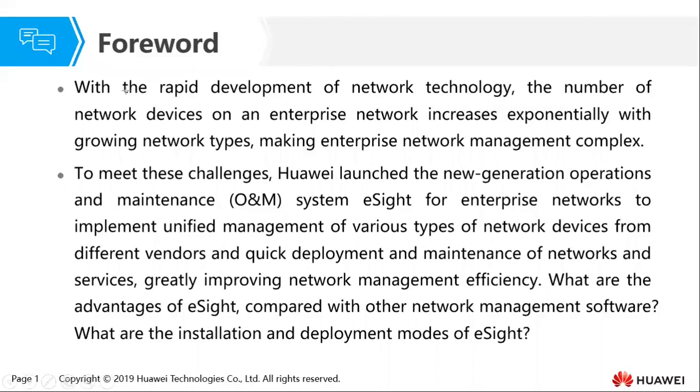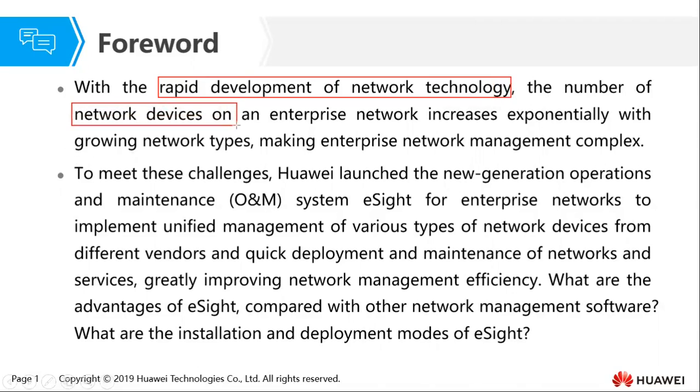So with the rapid development of network technology, the number of network devices on an enterprise network increases exponentially with the growing network types, making enterprise network management complex, very complex.